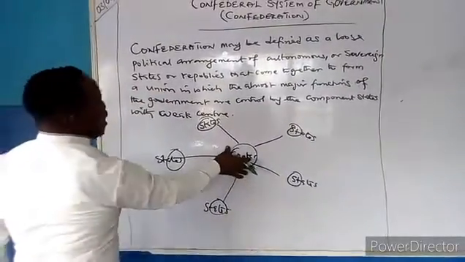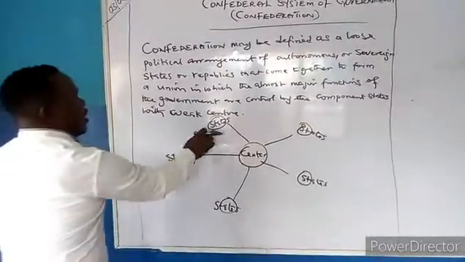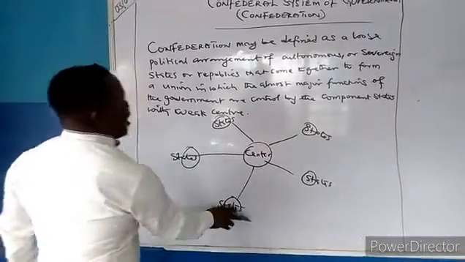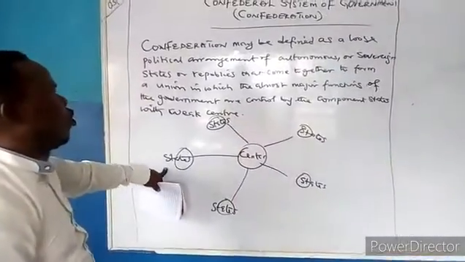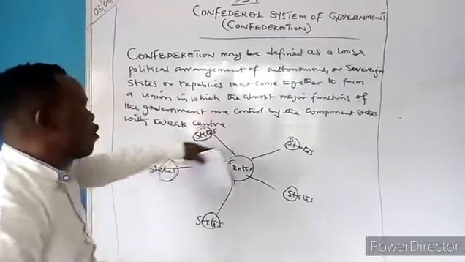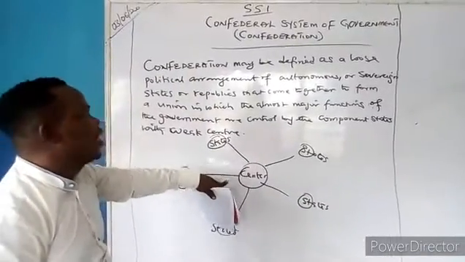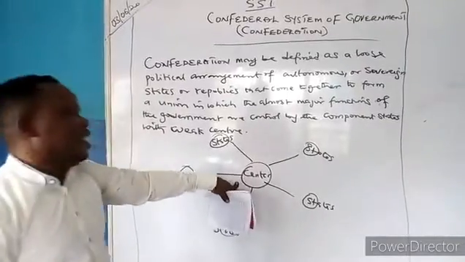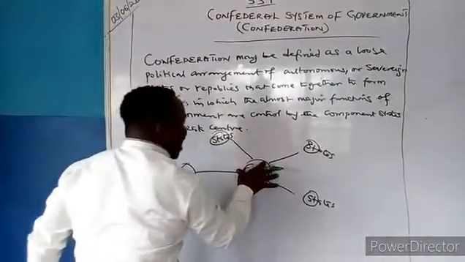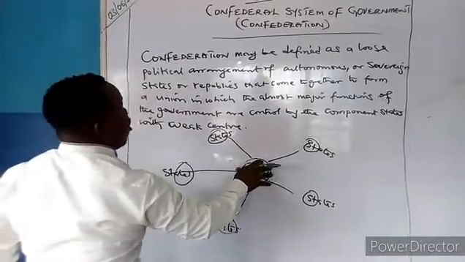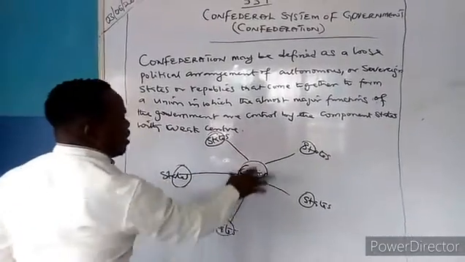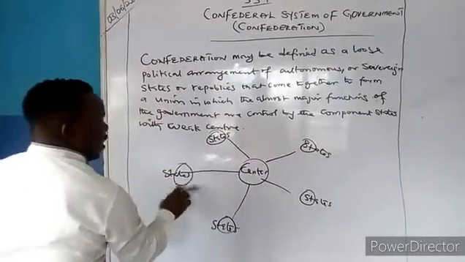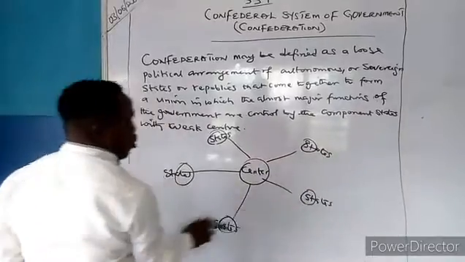Now the center is weak compared to the states. All these are autonomous or sovereign states. They are stronger and they control almost all the functions in the union. That is why the union is said to be a loose political arrangement. It's loose because the center, unlike in federalism, is weak, while the component states are strong.